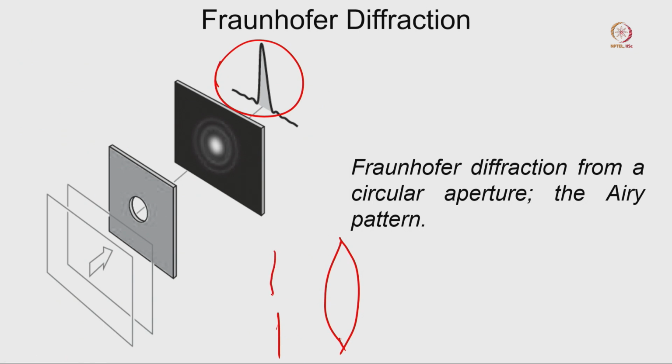We have a source here, and light rays are coming from this particular source, there is straight light, and this is the image plane where these rays go and form an image here.